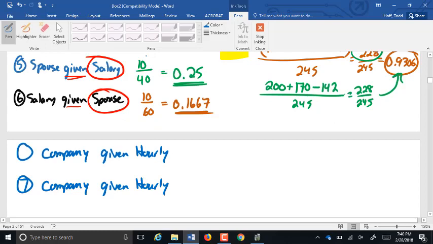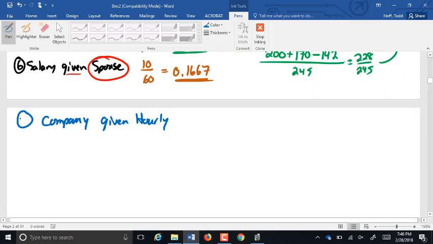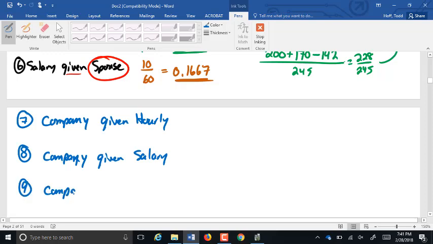The second one is the probability that they're on the company plan, given their salary. And then the final one is the company plan, given that they're on commission.